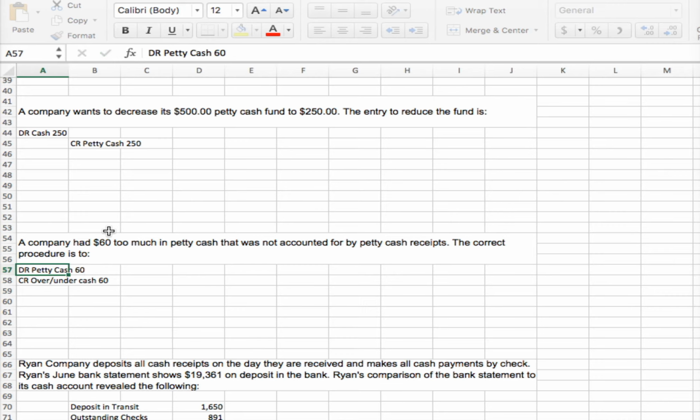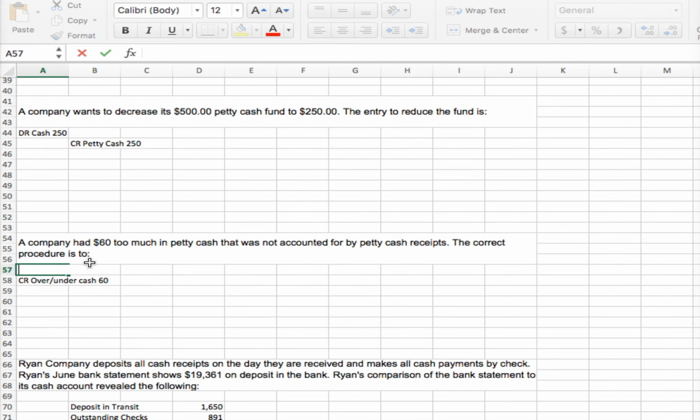Okay? If instead of leaving it in there, we wanted to take that out and just put it in the regular cash account, we would debit cash for $60, and we would just be depositing that in our actual cash account. But your quiz is actually just asking about this component, whether you're going to debit or credit the over-under cash amount.